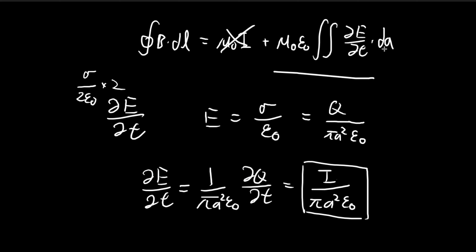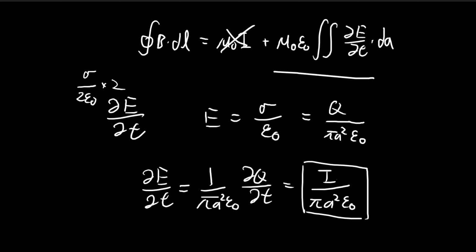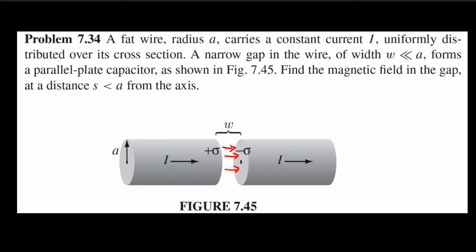And so now we have to draw a loop here and evaluate our surface integral. So let's evaluate this component here first, the integral of dE/dt dot dA. We're going to choose a loop to be something like this.